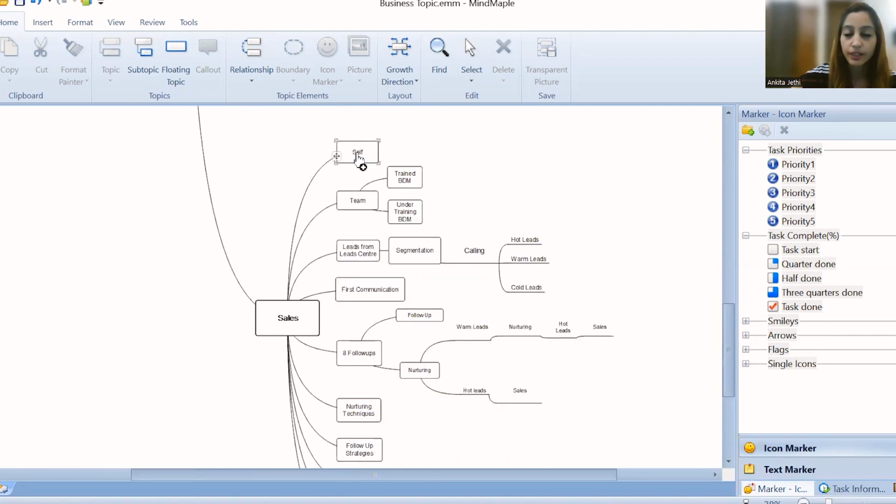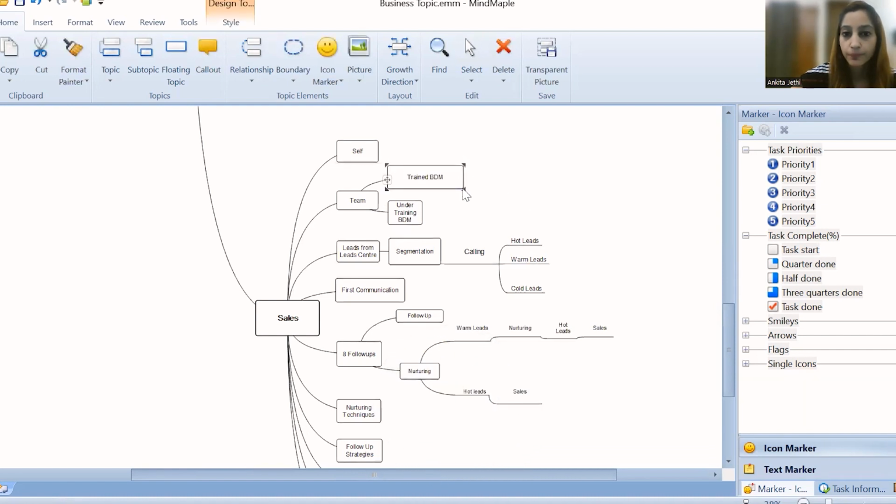I have written self here, which means it's you who's making a sale for your business. And I've written team here, which means that your team is making sales for your business, right? So if it is your team who is making your sales, is your business development manager a trained professional, or does he require training, or is he under training?